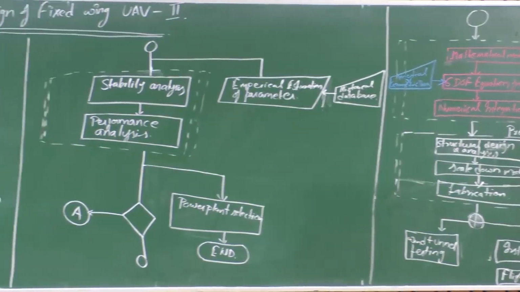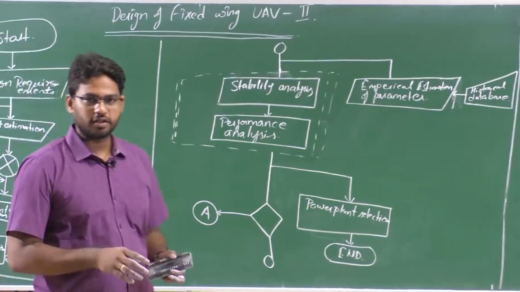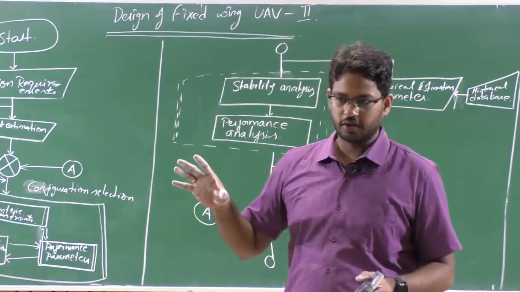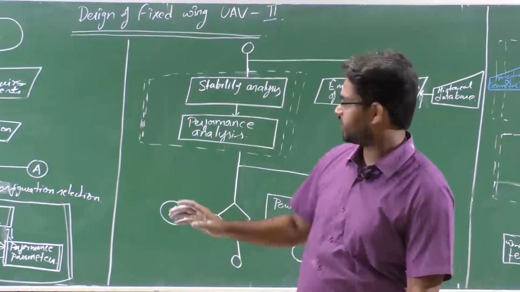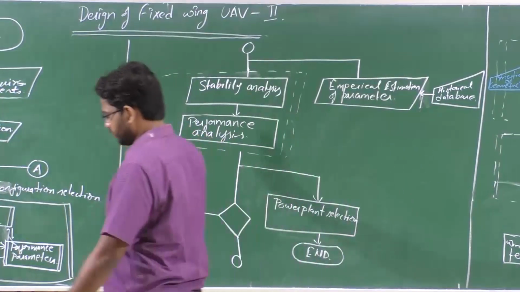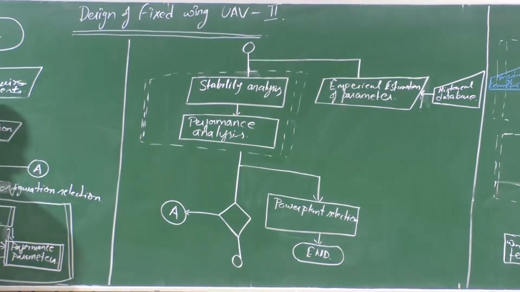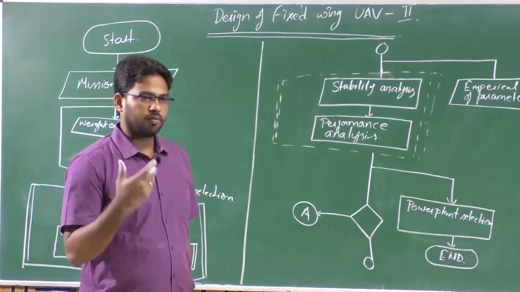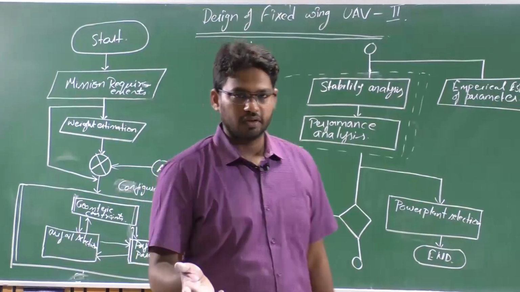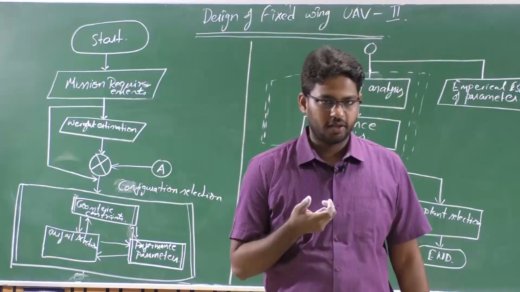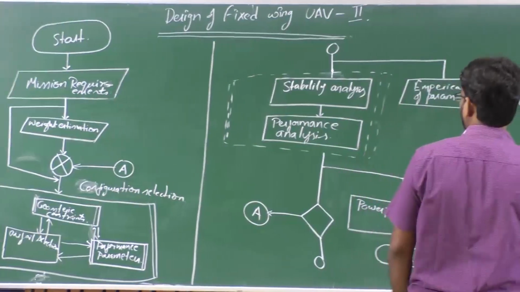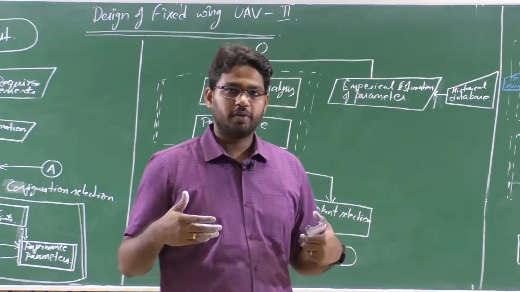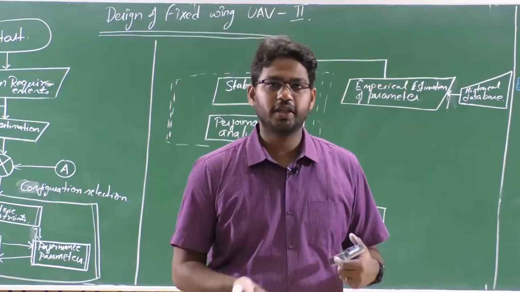We may not be covering the entire part in this course, right? The emphasis of this course is to get an inverse solution. Any of these design algorithms will talk about airfoil selection in the first place. I would like to approach this in an inverse way, where I'll take the mission requirements and use them along with performance and stability analysis.